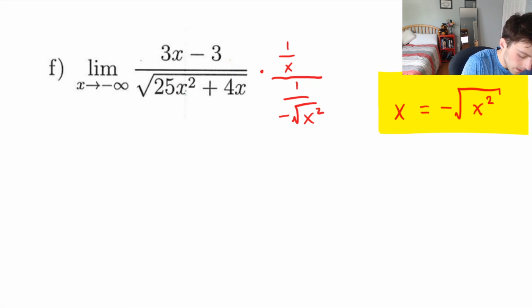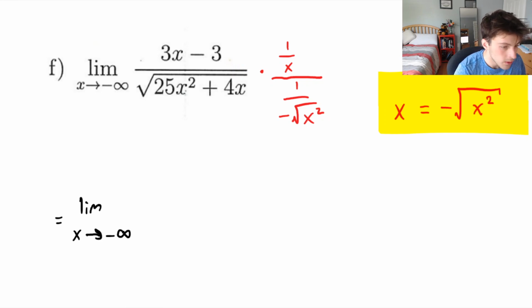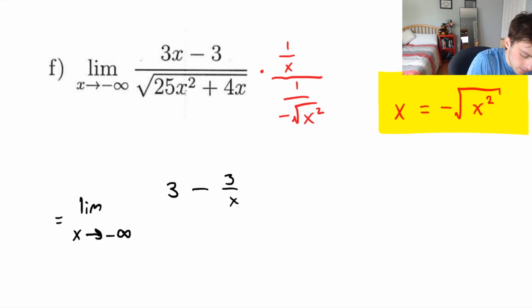And now, well, you can solve it just like any other limits question, right? And this is fairly simple. So we've got, in the numerator, this will reduce to 3 minus 3 over x, divided by, the negative's going to stay on the outside.